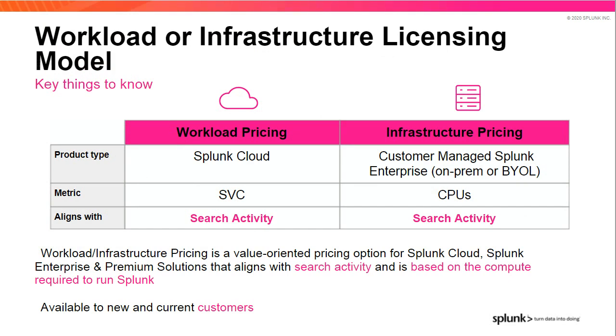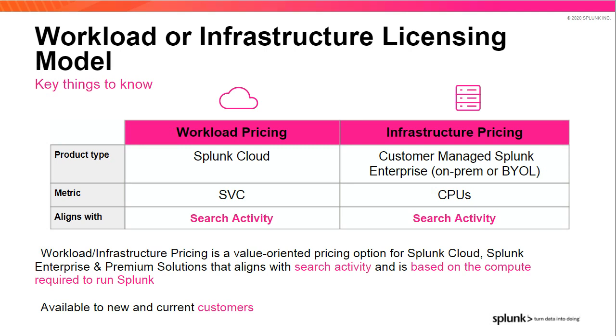Now that you understand the powerful potential of this pricing model, let's explain it in more detail. So what exactly is workload pricing? It's a value-oriented pricing option for Splunk Cloud, Splunk Enterprise, and Premium solutions that aligns with search activity and is based on the compute required to run Splunk. It is available to both new and current customers.